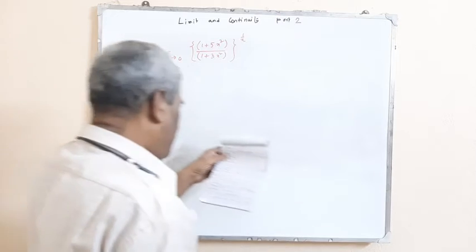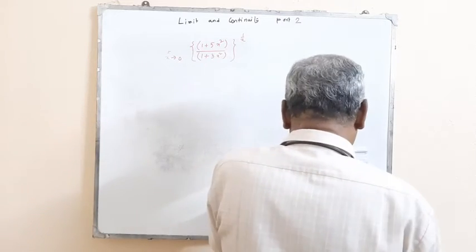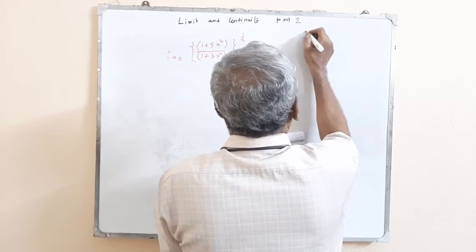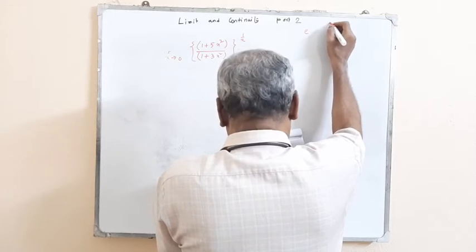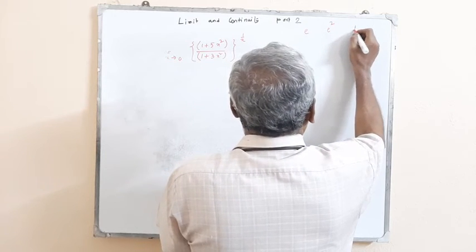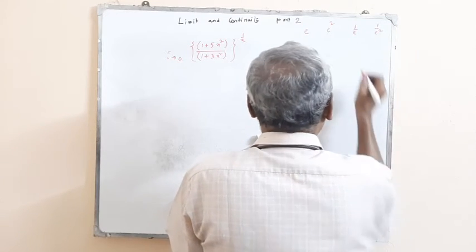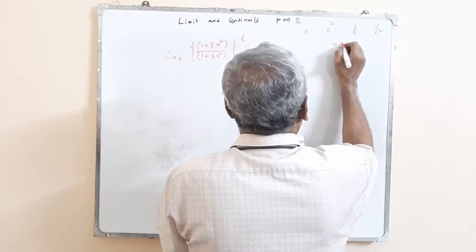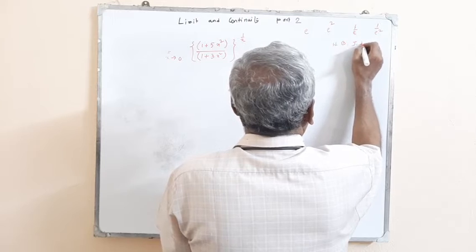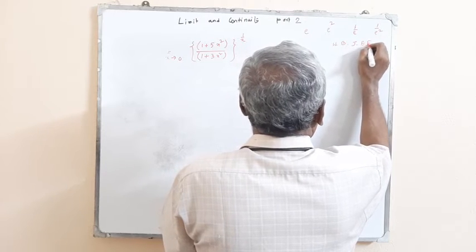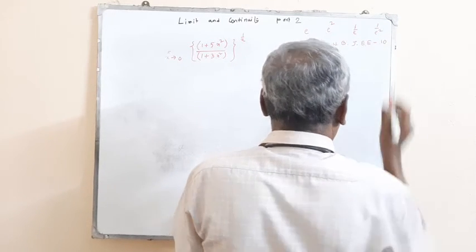Its options are e square, 1 by e, 1 by e square. And that problem was given in WB JEE 10.